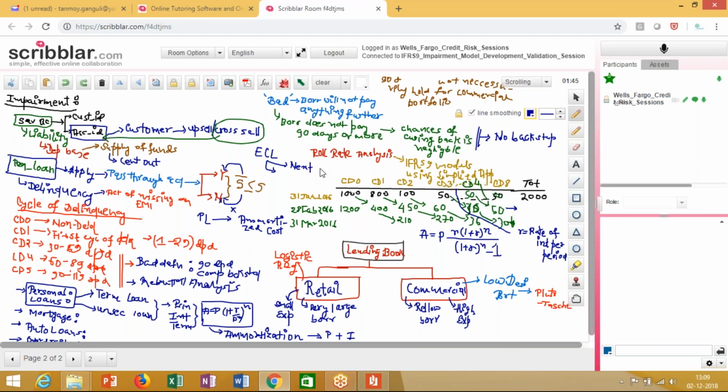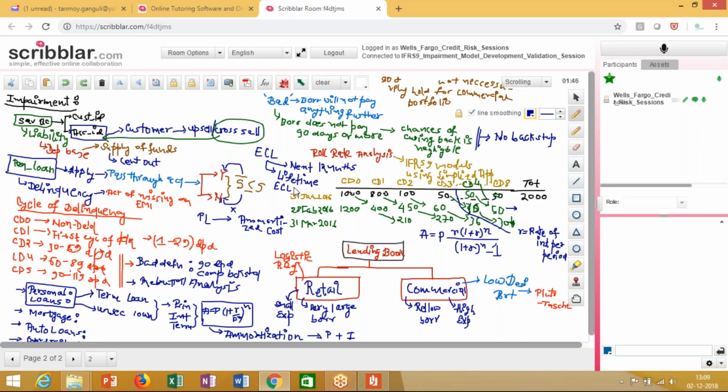And the next is the lifetime expected credit loss, the lifetime ECL. So these are the two broad concepts that we need to talk about.